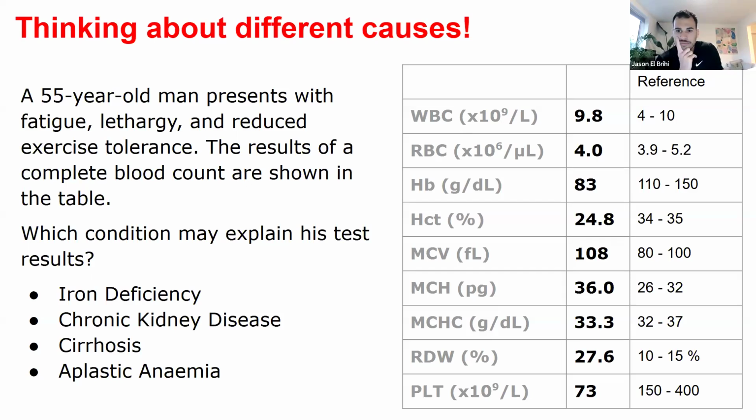Maybe I'll ask Christopher. So this patient's anemic, which is probably not a surprise for the tube, but it's macrocytic with a normal MCHC and a raised RDW and also a low platelet count. And the white cell count's normal.